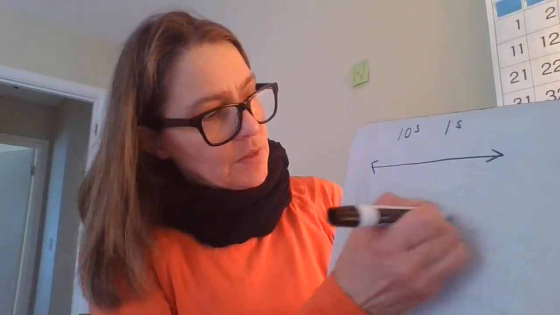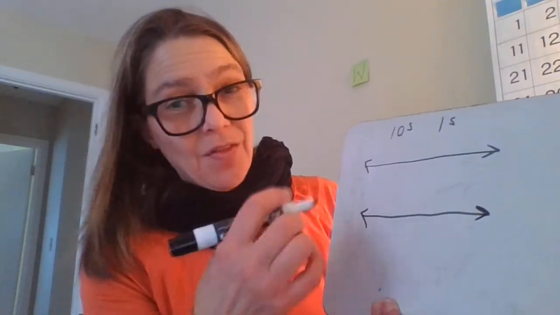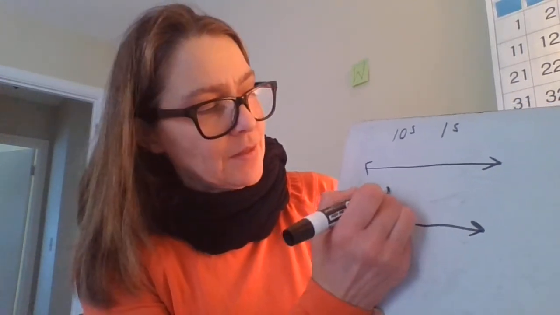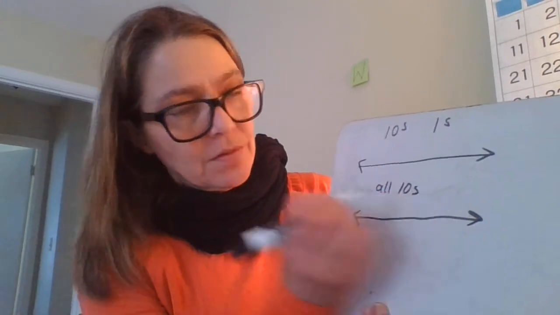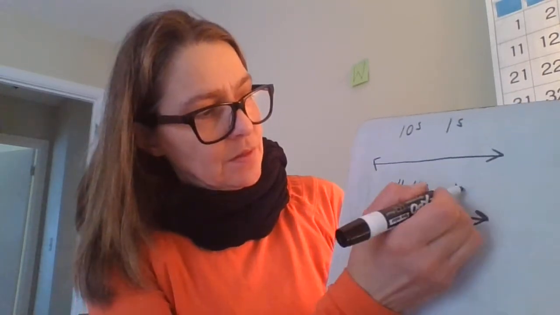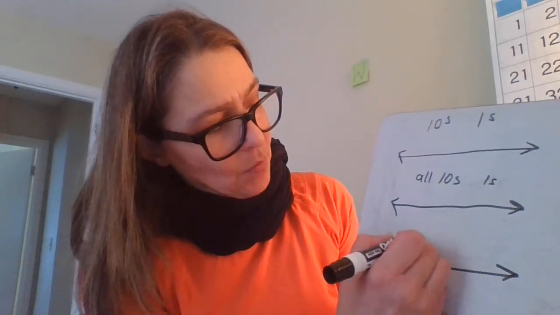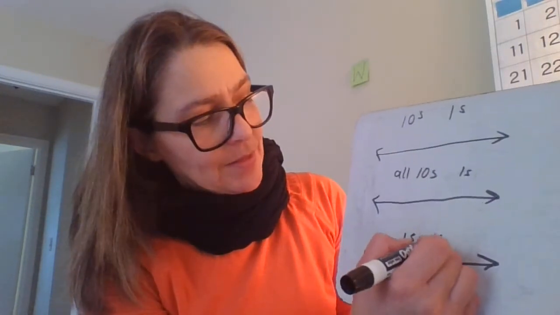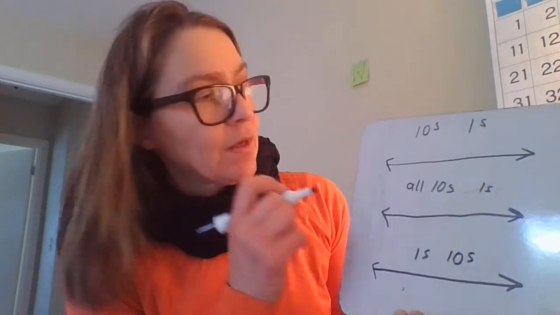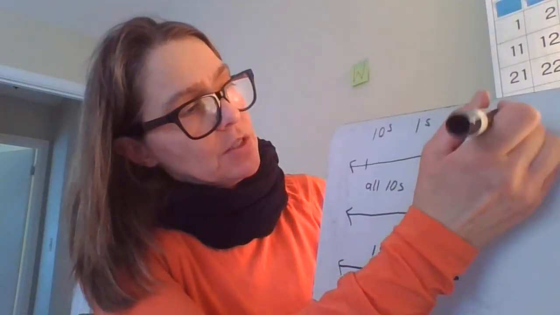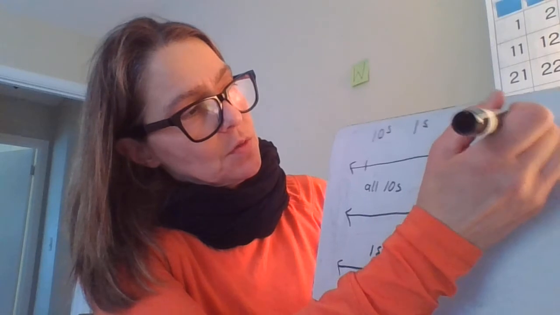The second one was adding the whole group of tens, so whatever it was, all the tens, and then the ones. And then the third way I showed you was adding the ones first and then the tens. Okay, so this way you are starting, let's say the equation is 32 plus 15.